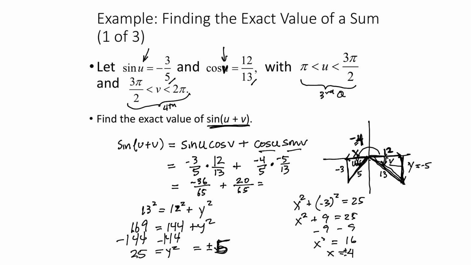And negative 36 plus 20 is negative 16 over 65. Checking out, do they have any common factors? 16 is made up of a bunch of 2's, and 65 has no 2's in them. And so we can see that this is my final answer here for the sine of the sum of u and v.